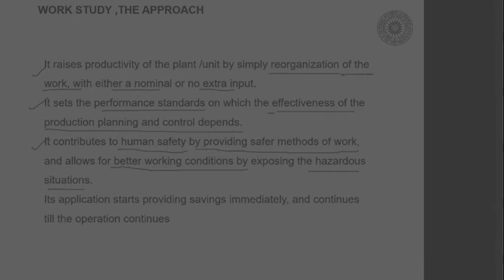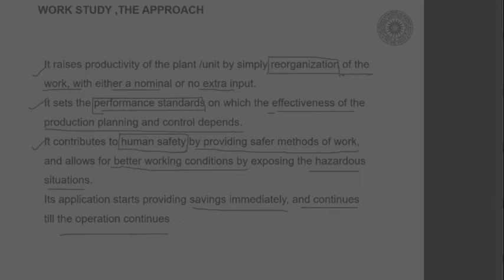So these are the keywords. Reorganization, number one. Number two, sets the performance standard. Number three, human safety. And fourth, its application starts providing savings immediately and continues till the operation continues.